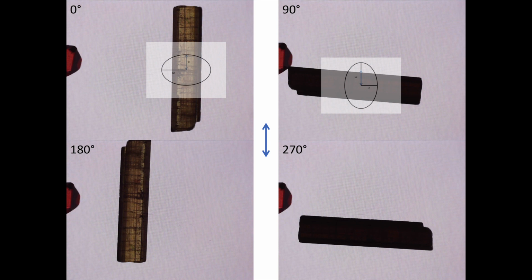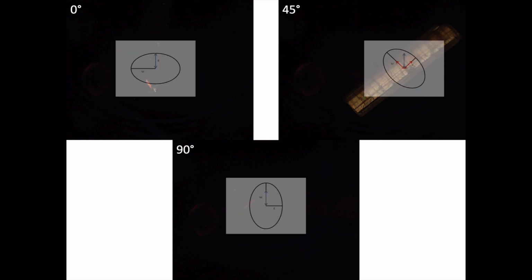Switching over to examining our tourmaline with crossed polarizers, we only see light when our plane polarized light is not aligned with either epsilon or omega for our tourmaline crystal. When aligned with either epsilon or omega, there's no reorientation of our plane polarized light, and as such, it just gets blocked by our upper polarizer, and our tourmaline appears extinct.